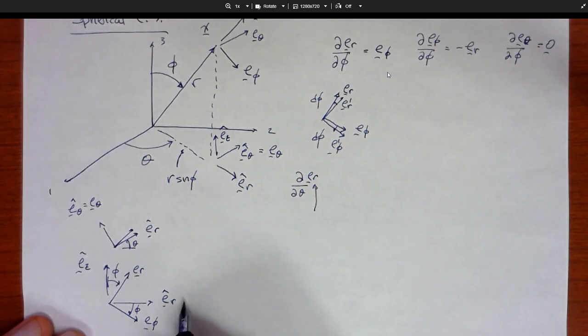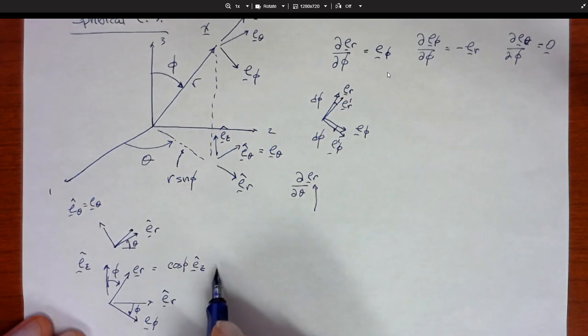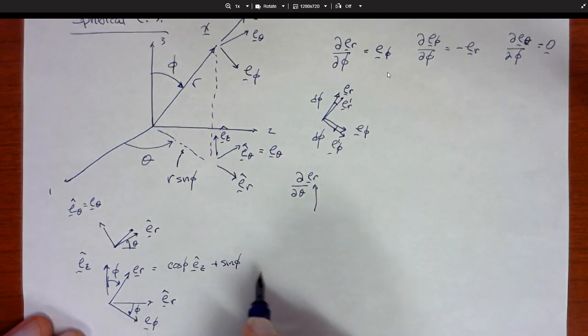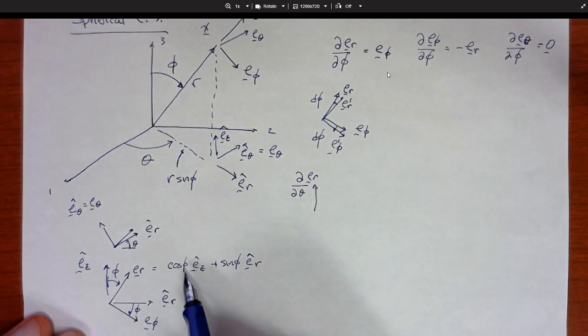So I can write ER in terms of EZ hat and ER hat. So that's going to be cosine phi in the EZ hat direction plus sine of phi in the ER hat direction. The reason why I'm doing this is because I already know these derivatives with respect to theta.